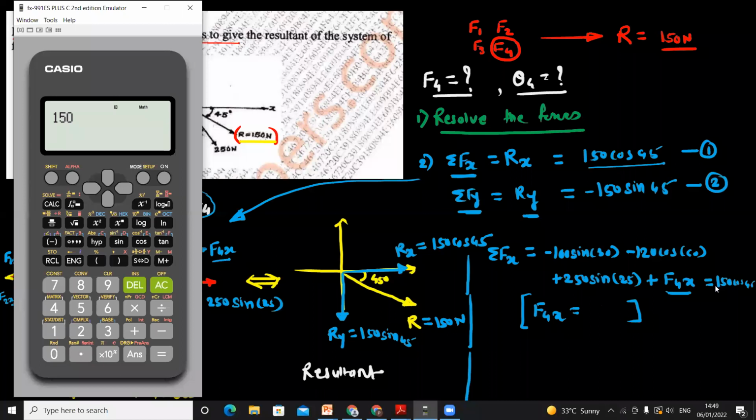So your equation is 150 cos 45, then minus 250 sin 25, and plus 100 sin 30, plus 120 cos 60.